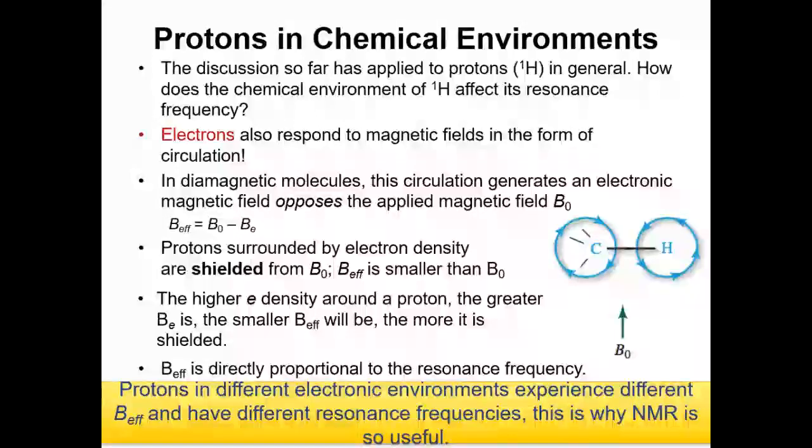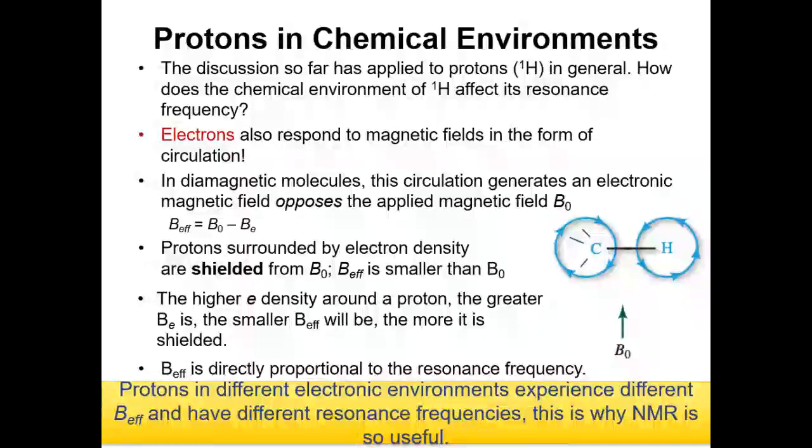Because electrons also respond to magnetic field, the key information the proton NMR can tell us is actually about the electrons around the proton. And as we know, almost all proton nuclei are bonded to something else, and bonded to something else means there are always electrons around it. So chemistry is all about electrons.